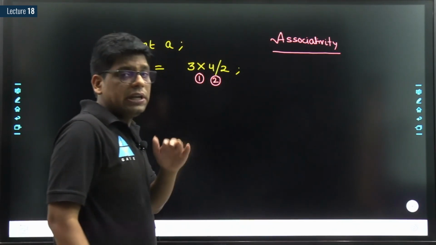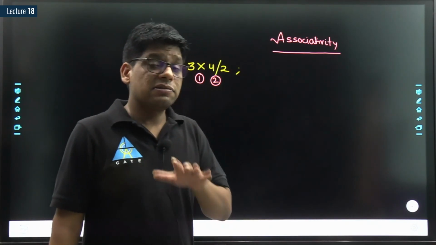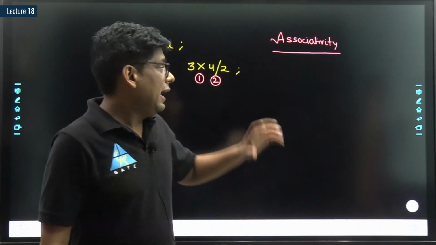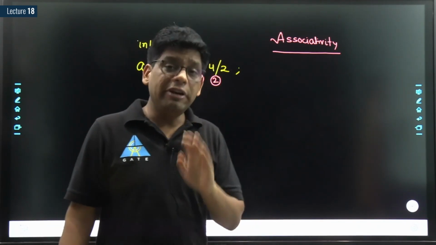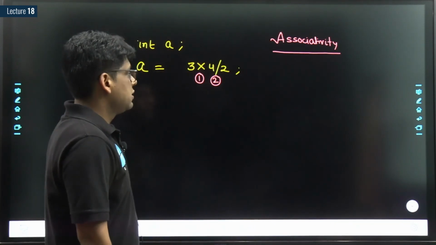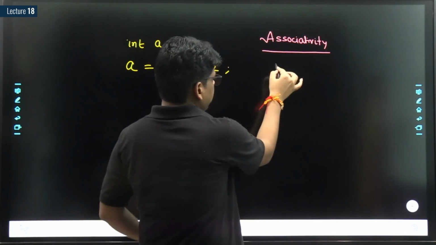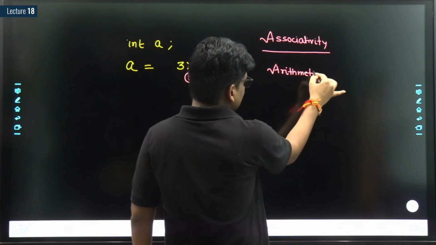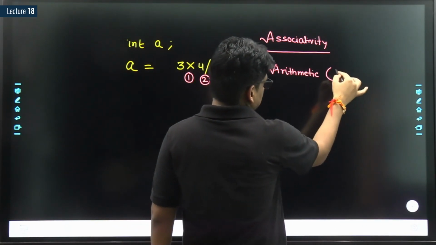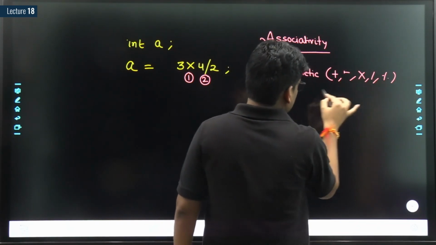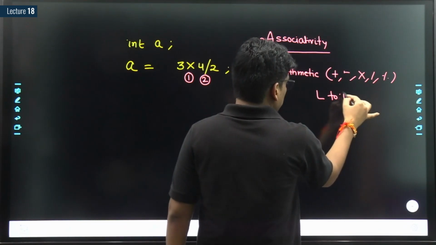Sir, associativity tells you, in case you have multiple operators of same priority, which operator should be evaluated first. The associativity of all binary arithmetic operators, that means plus, minus, multiply, divide and modulus, is from left to right.